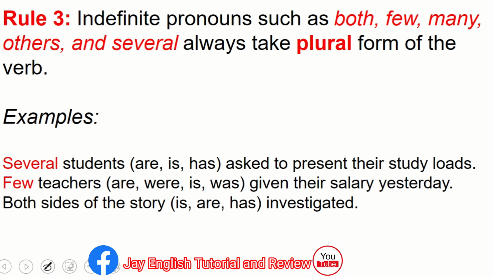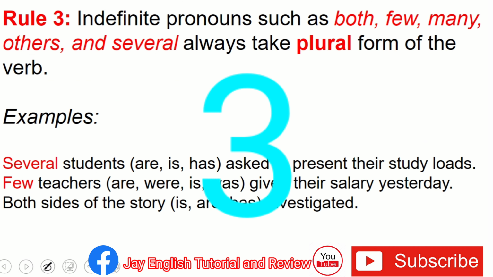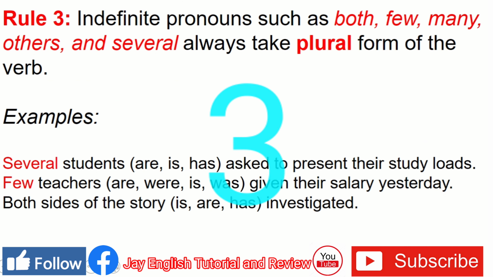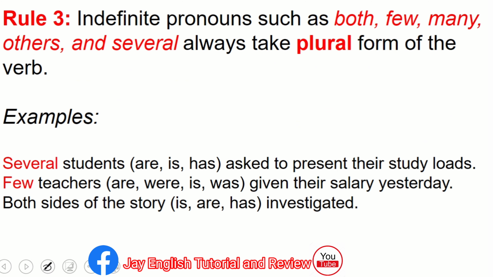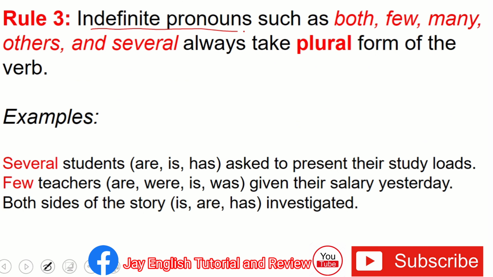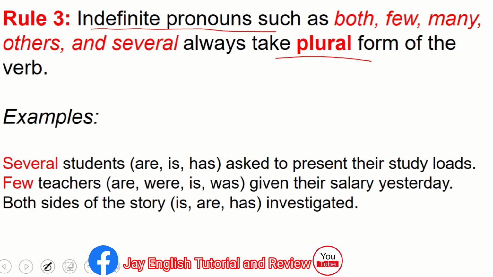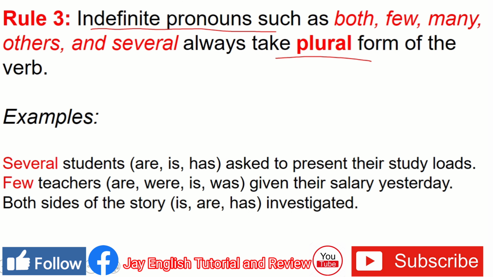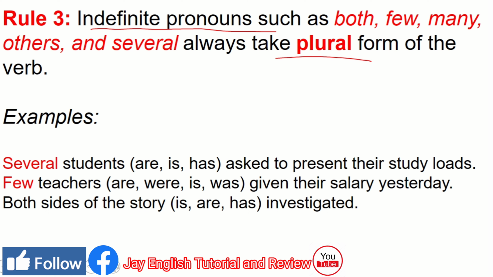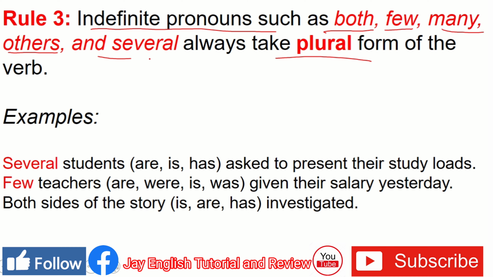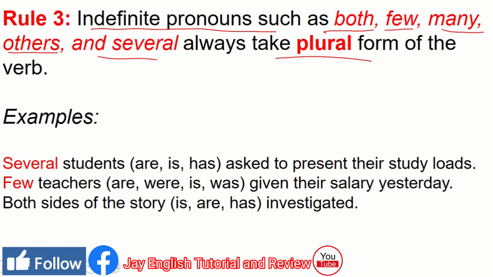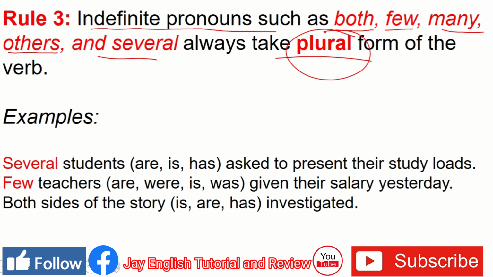Okay, rule number 3. If we have indefinite pronouns that are singular, we also have indefinite pronouns that are plural. It means that indefinite pronouns like both, few, many, others, and several always take the plural form of the verb.